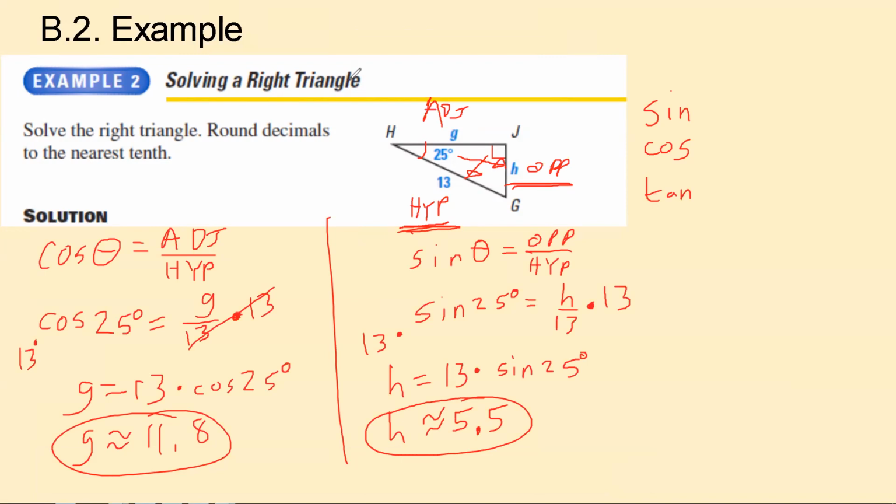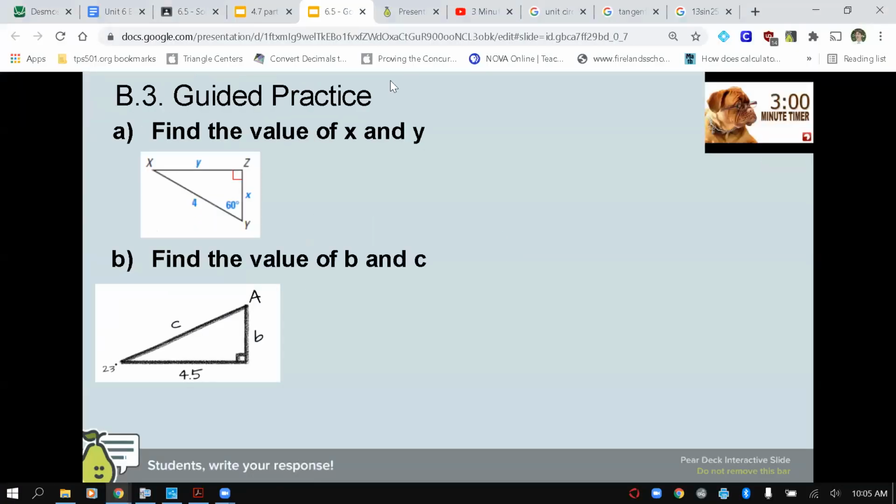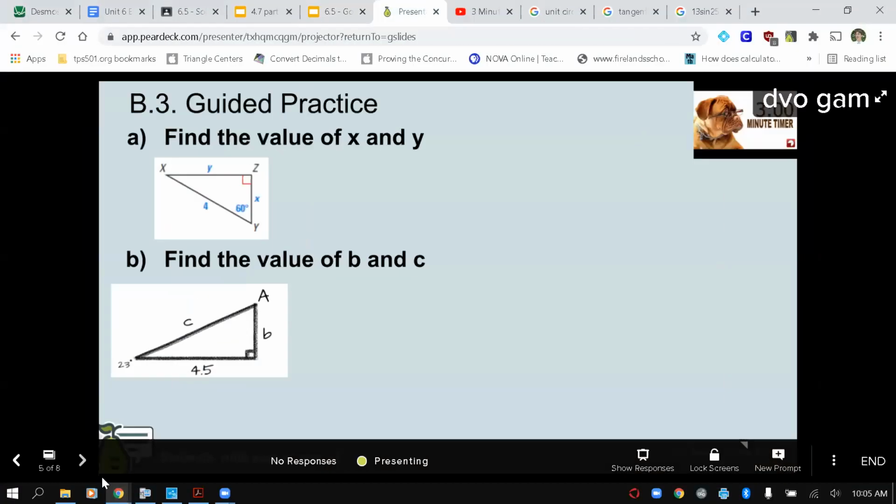Okay. Do we have any questions about how I got G or H, or does anyone need more time to write? Okay, then it is your turn. I'm going to give you 3 minutes to just do problem A here.